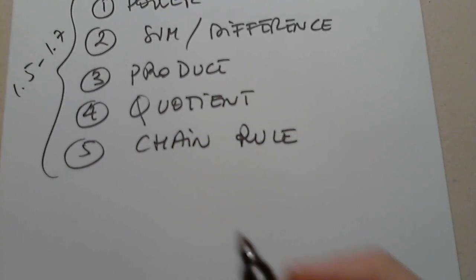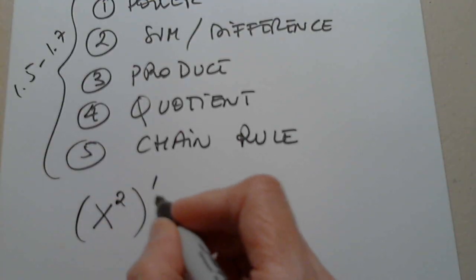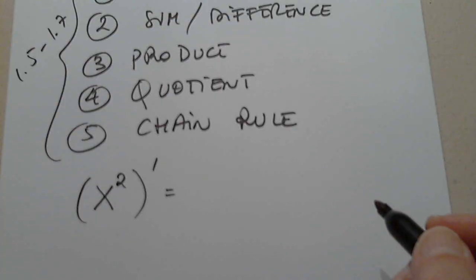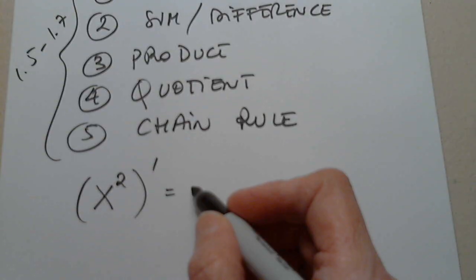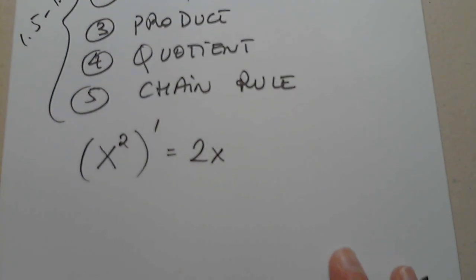Good. So if we have x squared and we differentiate it, do you remember? Does anyone remember how much did we get? 2x. That's it. That is the power rule.